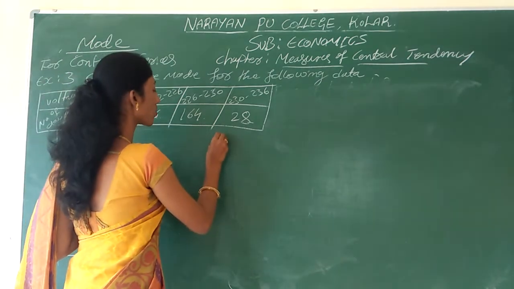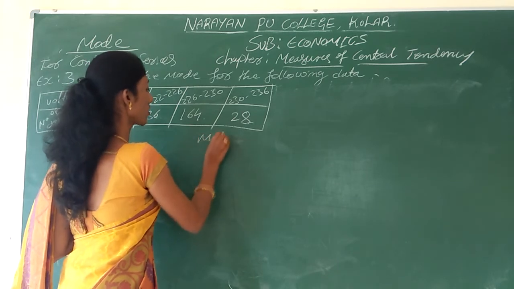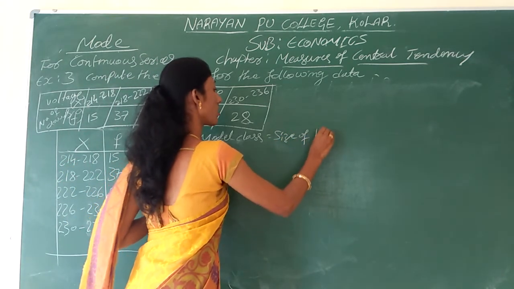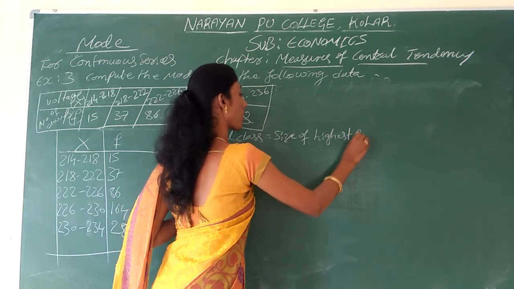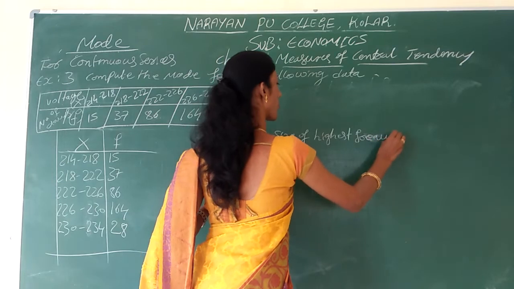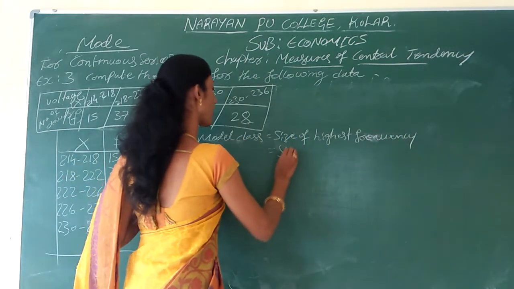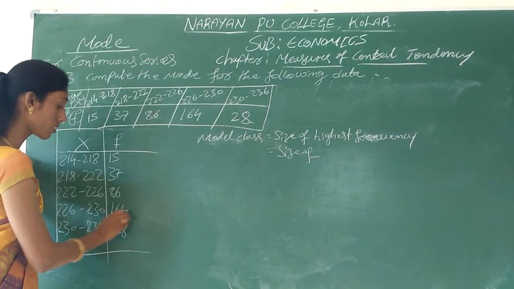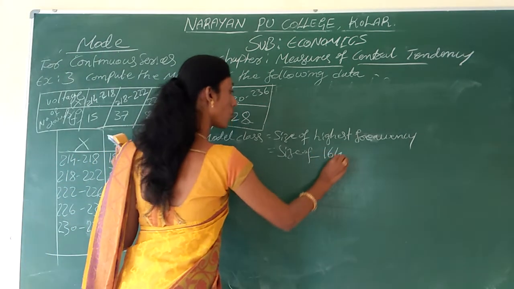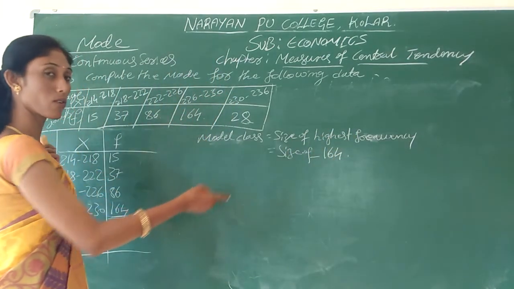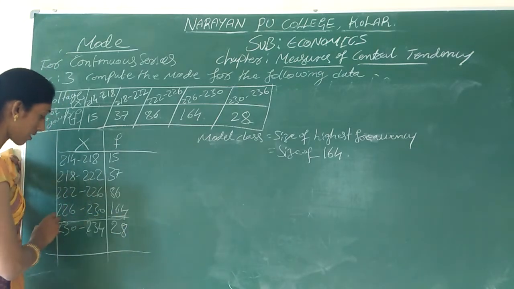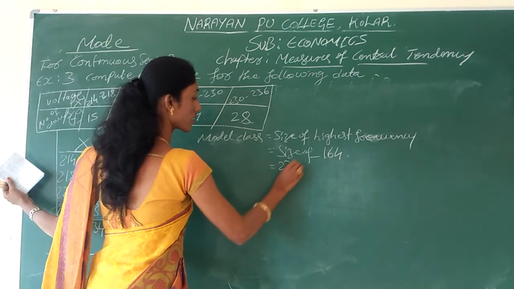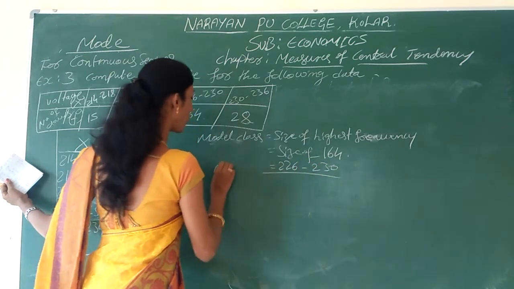Now, the formula to find out the modal class: modal class is equal to the size of the highest frequency. Comparing all the frequencies, the highest frequency is 164. The class corresponding to 164 will be the modal class. That corresponding class is 226 to 230. 226 to 230 will be the modal class.